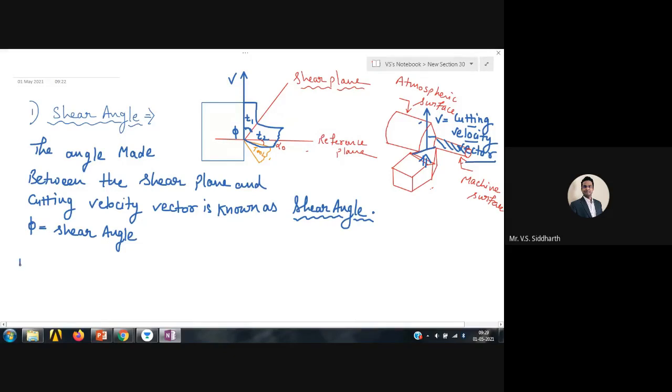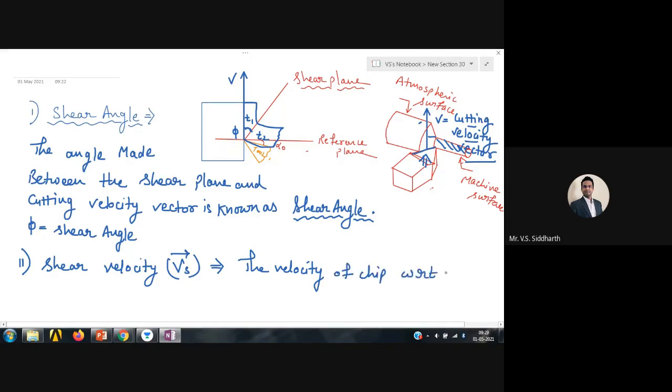The next is shear velocity. We represent it by Vs. The shear velocity definition is the velocity of chip with respect to workpiece.